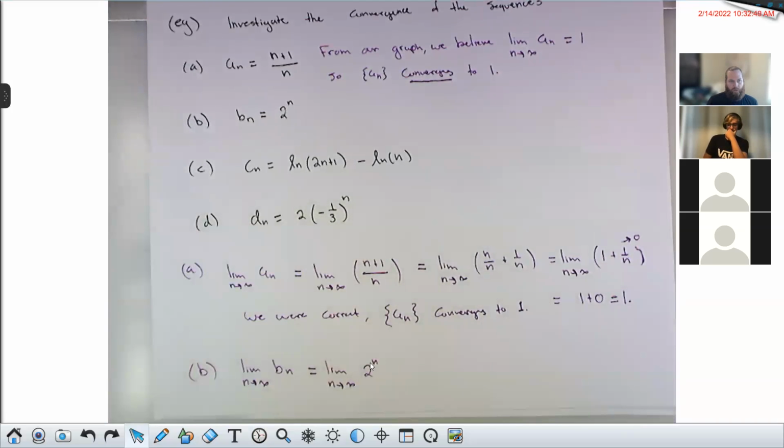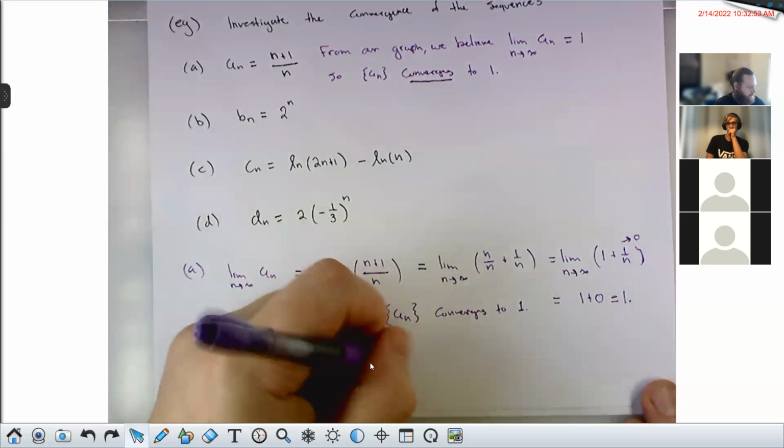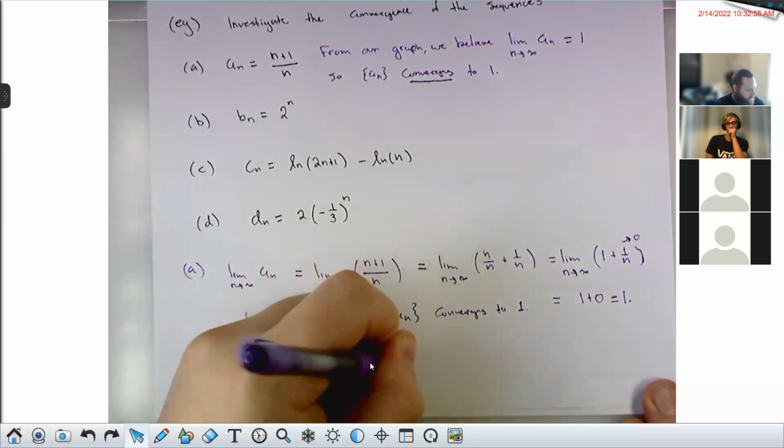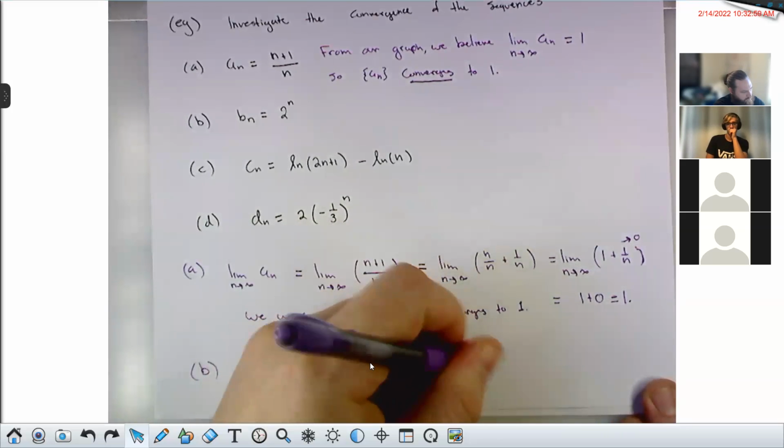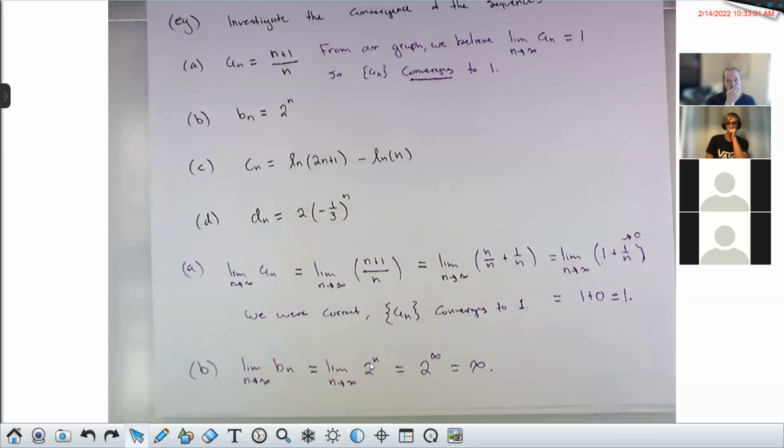Just like how you may have written down things like 2 to the infinity in Calc 1. You can say that this is like 2 to the infinity, which is for sure infinity. If you raise 2 to a massive number, you're going to get a massive number out. And you could have made a similar argument here, saying this is 1 over infinity and that is 0. I would be okay with that.